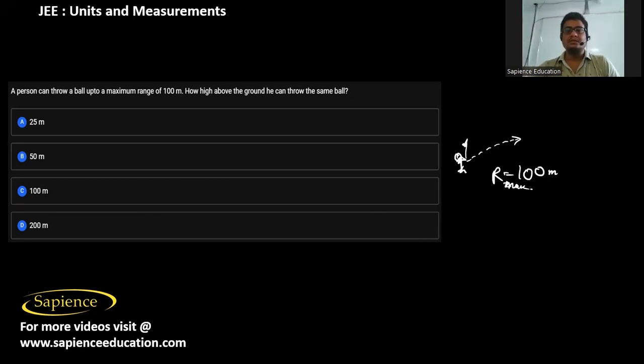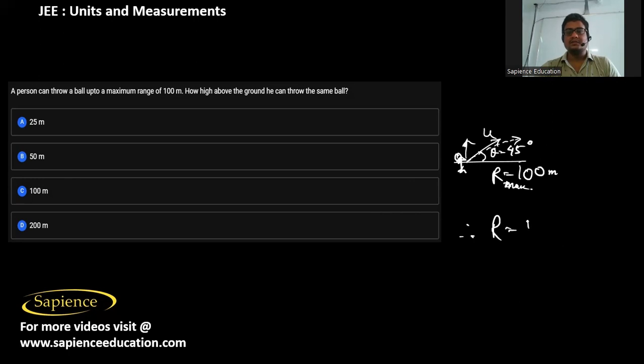So how high he can throw, that has been asked. It means that if he wants the maximum range, then he should throw at an angle of 45 degree with the horizontal, and let's say the initial velocity is u.